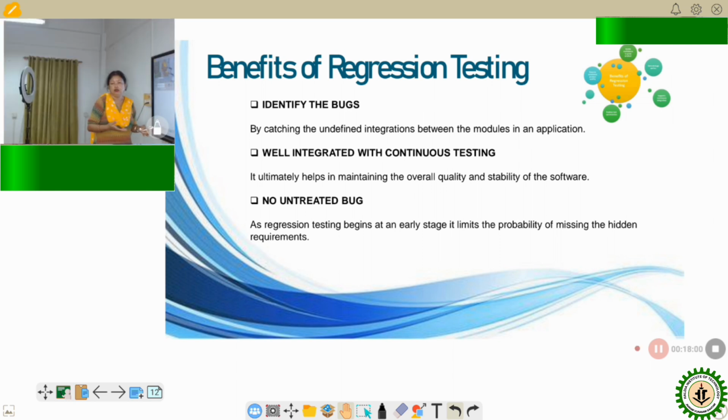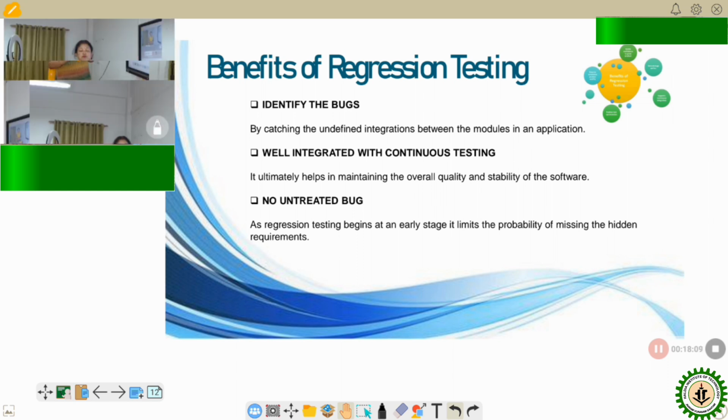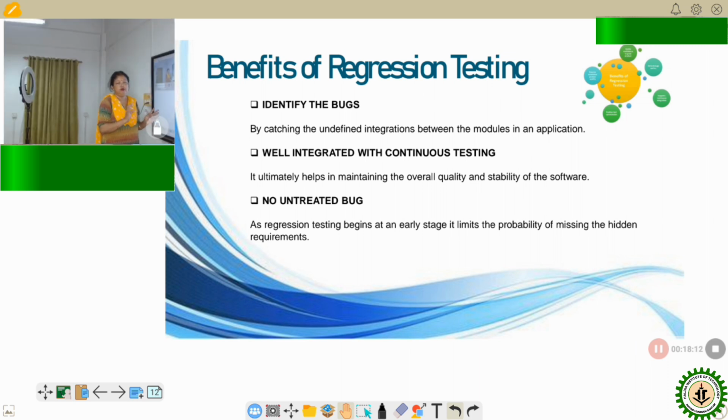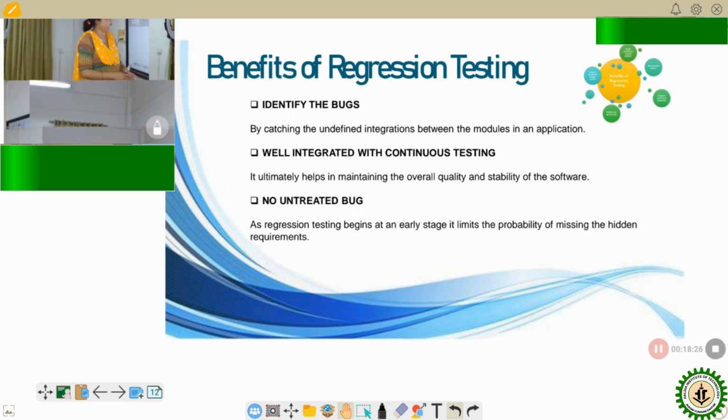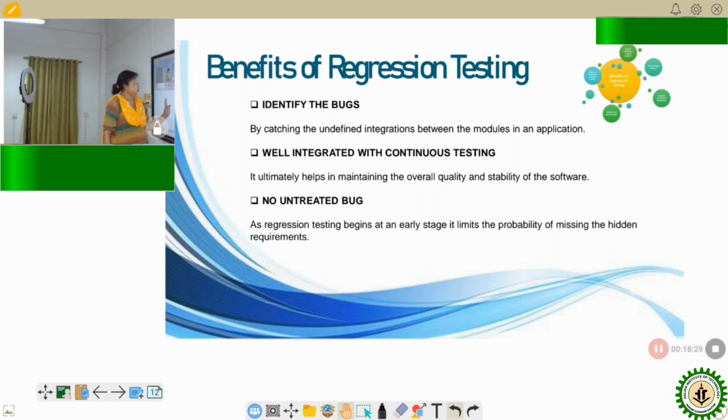If you do an experiment, and the experimental result does not match the historical result, the difference is the cause of the error, and it is called a bug. It catches integration issues between the modules in an application. Continuous testing: as regression testing begins at an early stage, it limits the probability of missing hidden requirements.